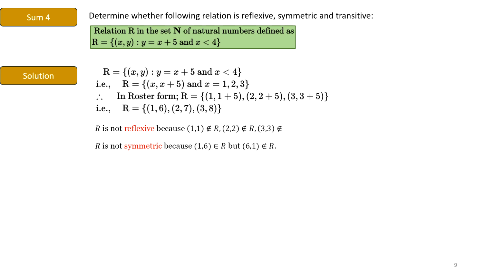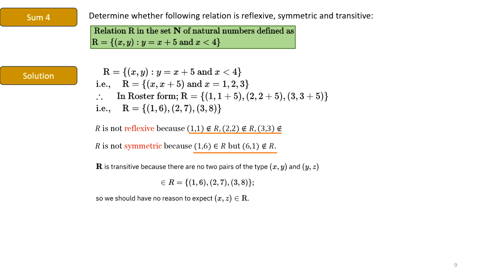R is neither symmetric nor reflexive because of the given logic as indicated. R is transitive as there are no two pairs in the roster form which have the values (x, y) and (y, z).